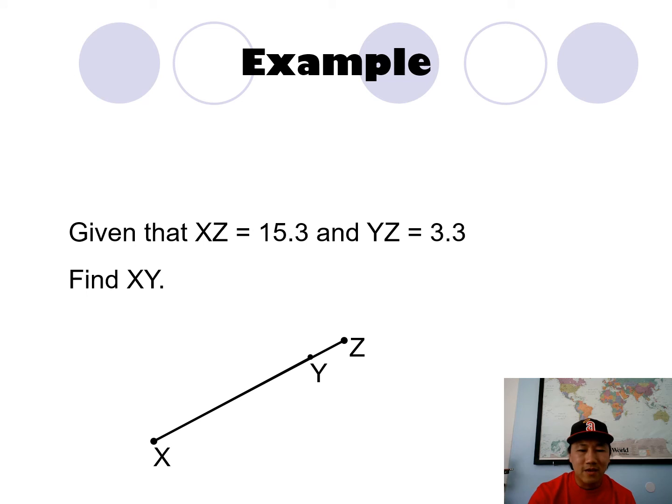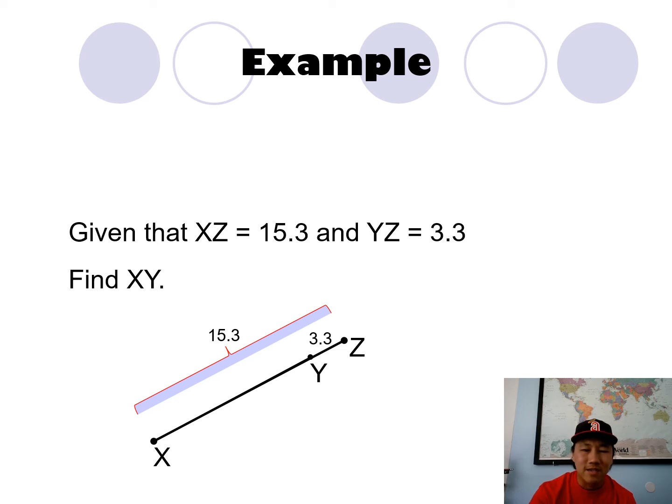Let's see, we have xz is 15.3 and yz is 3.3. So let's go ahead and label our picture this time. xz, careful, xz is the whole length. And then yz is 3.3, that little piece.